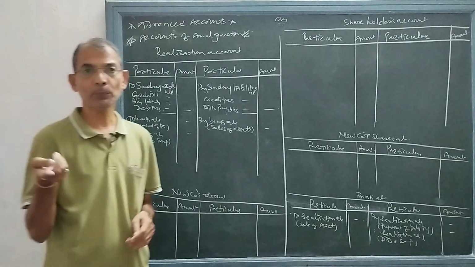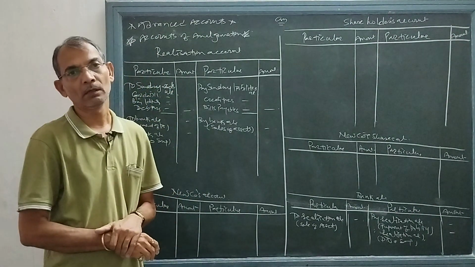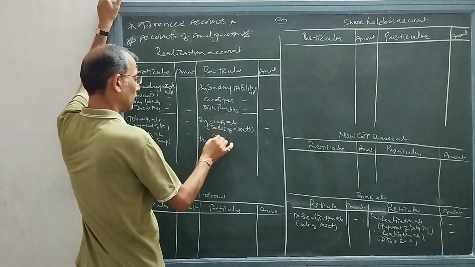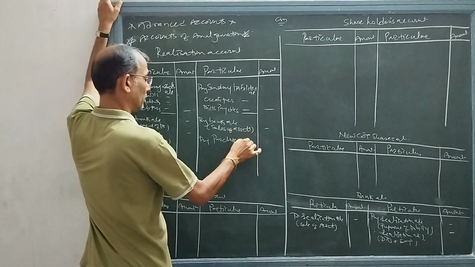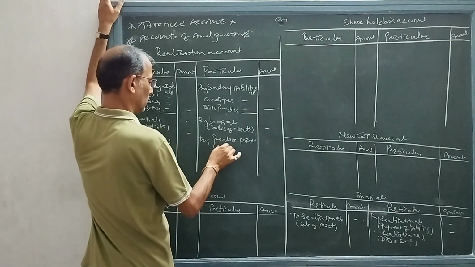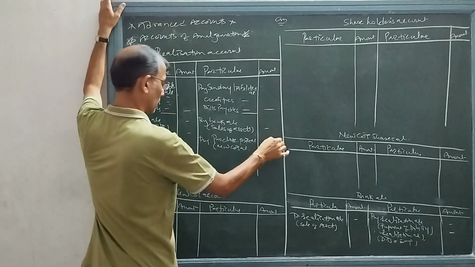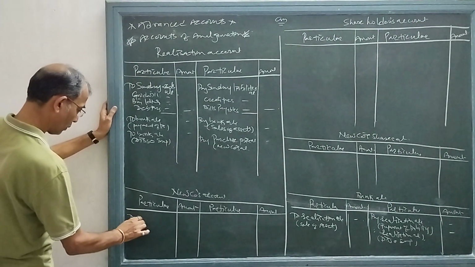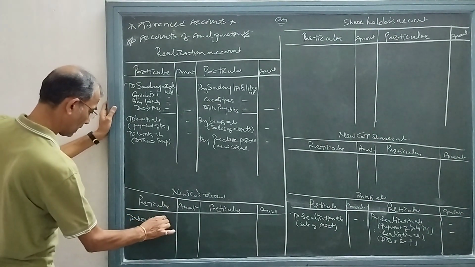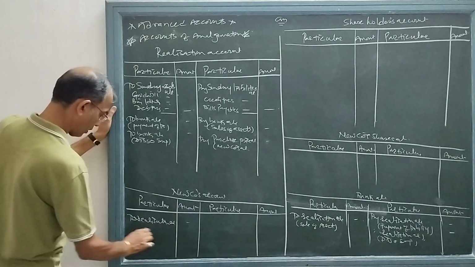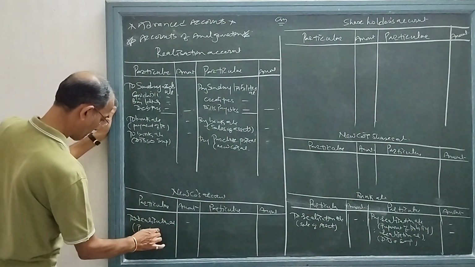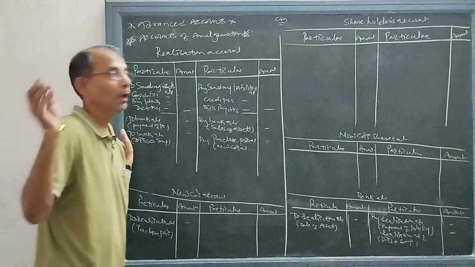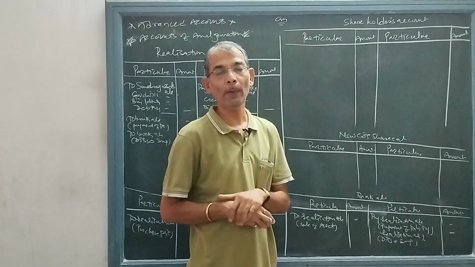Then the purchase price paid by the new company: on the debit side of the new company's account, To realization account, purchase price.